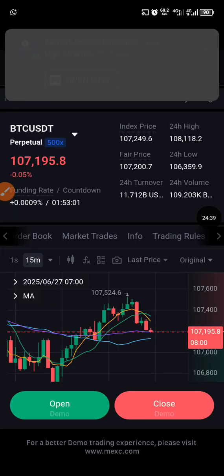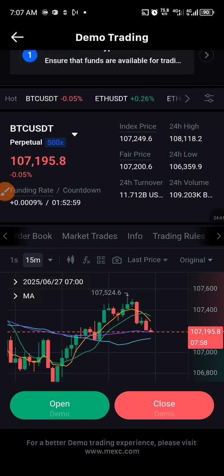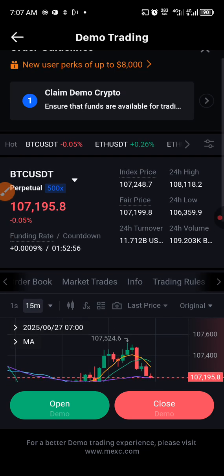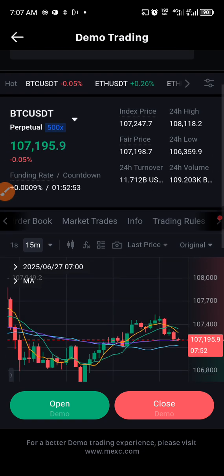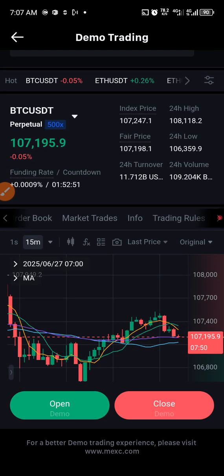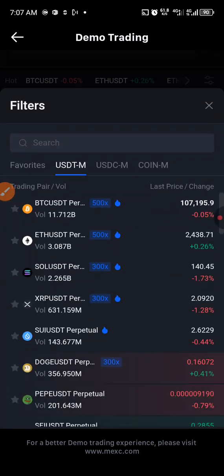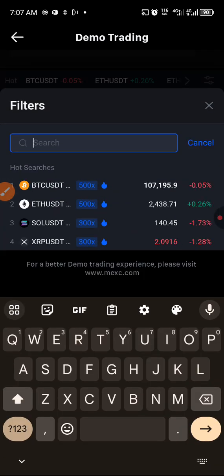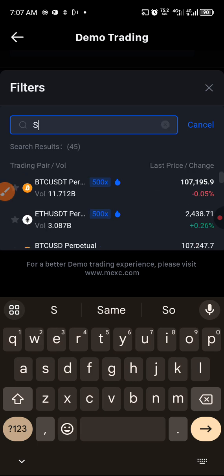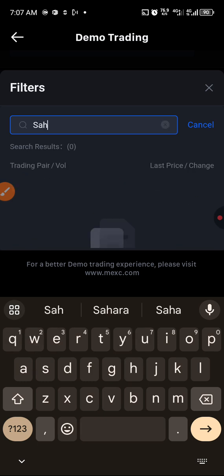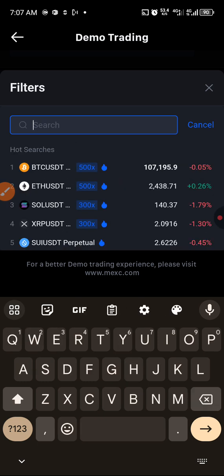Okay, so this is it. If you check here now, according to my first explanation, this is where we are going to select our pairs. So here, let me search for a coin.